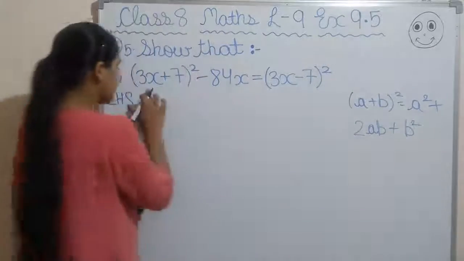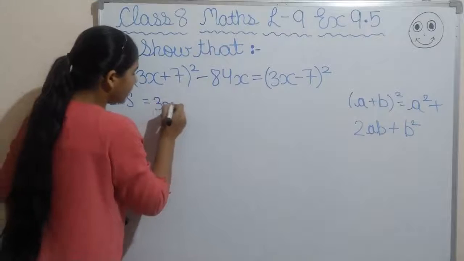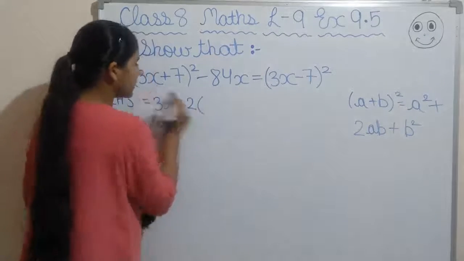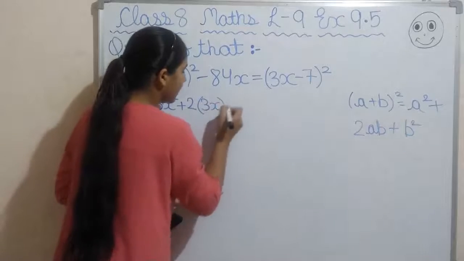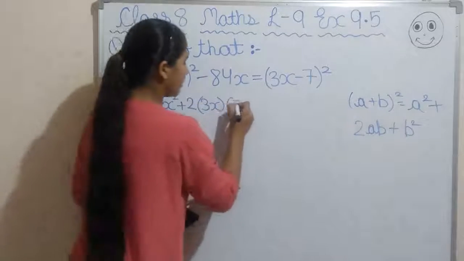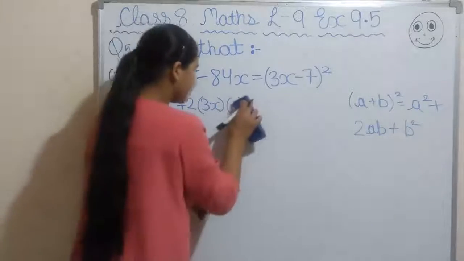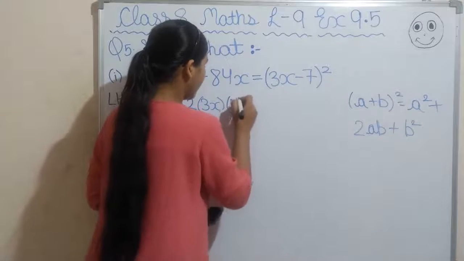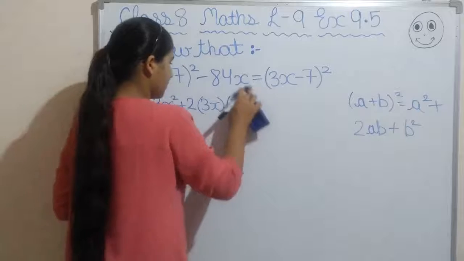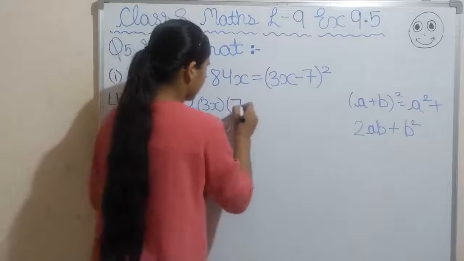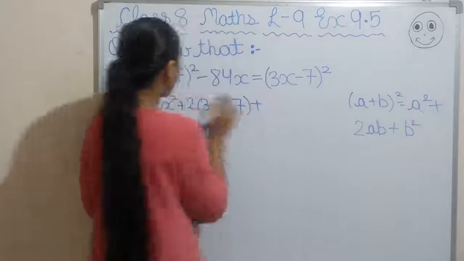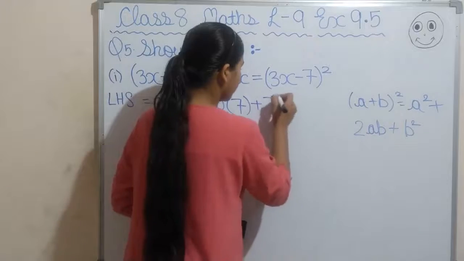So a square, where a is 3x, means (3x) square, plus, as it is, 2 into a into b, where a is this and b is 7, then plus b square, as it is, 7 square.